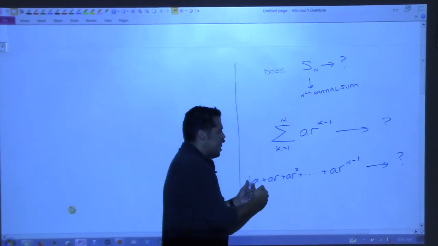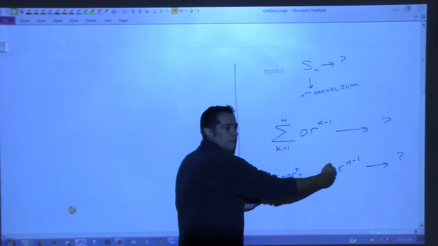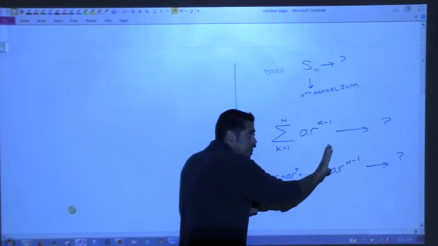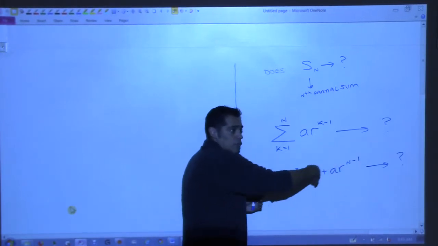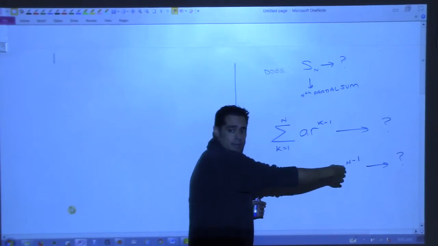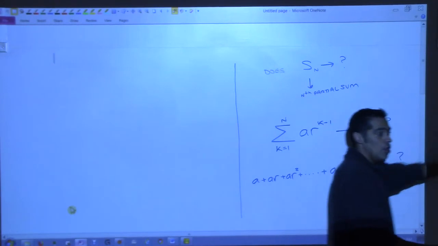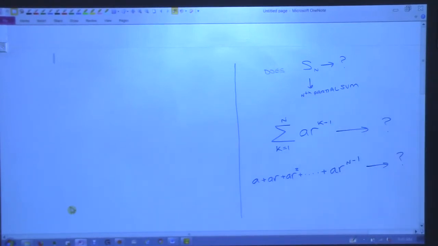If I say stop at n, I can add these up. But if I say let n go to infinity, then where I'm trying to add to just keeps running away from me as I try and add them up. So taking a limit of this as n goes to infinity just makes this a longer sum. So how in the world are we going to do this?